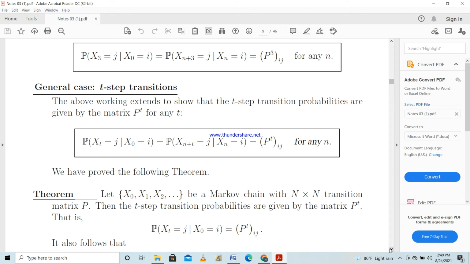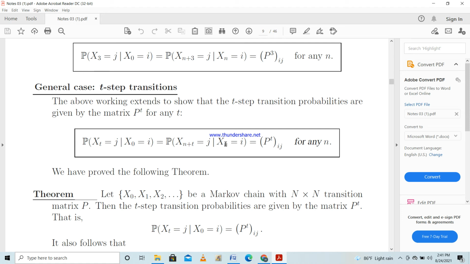Likewise, in the general case, we can extend this to show that the t-step transition probabilities are given by the P to the power t matrix. That is, given that when time equal to 0 we are in state i, the probability of reaching state j by t number of steps at time equal to t is P^t_ij.